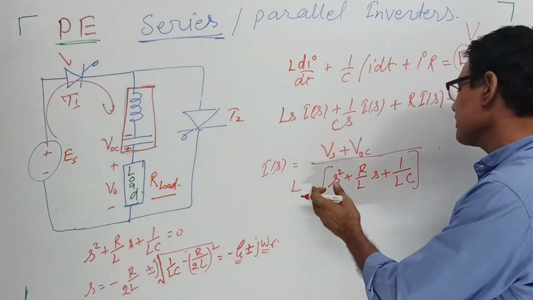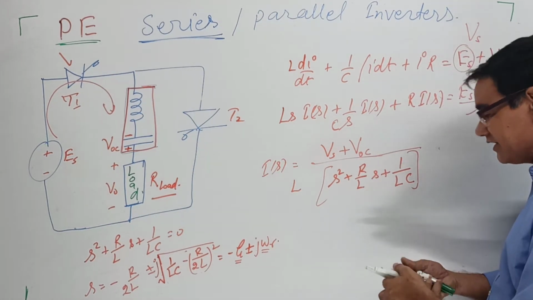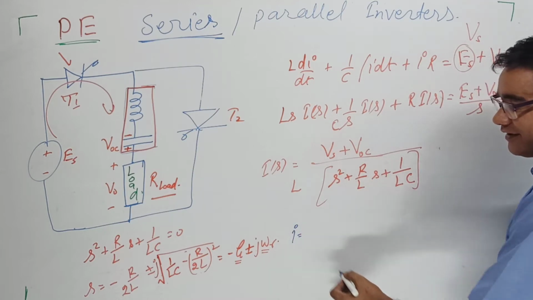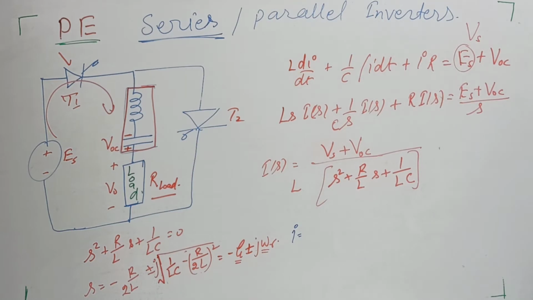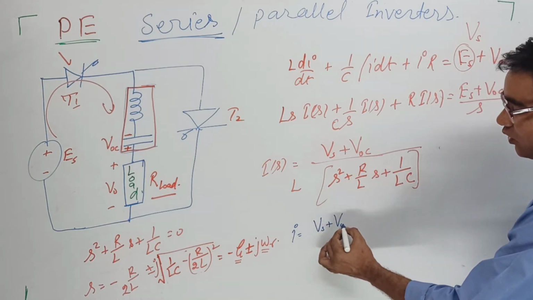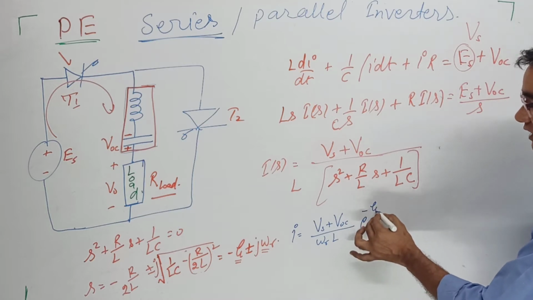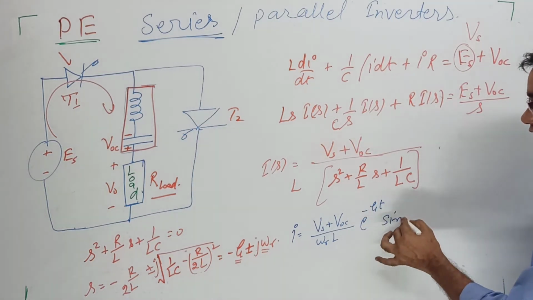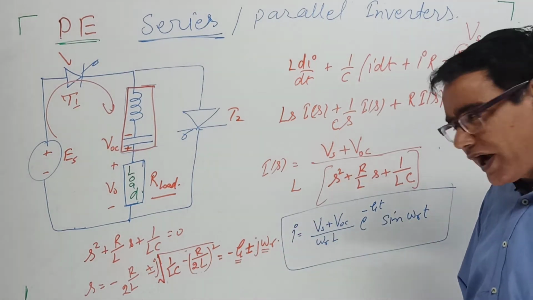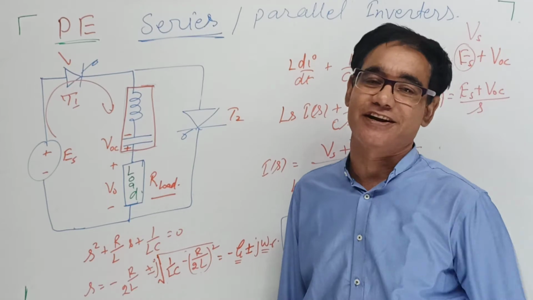So now this circuit can be simplified in this way. i is equal to Vs plus Vc0 divided by omega r into L, e raised to the power minus xi t, sine of omega r t. This is the final solution, and that solution you can find in circuit analysis for underdamped circuits.